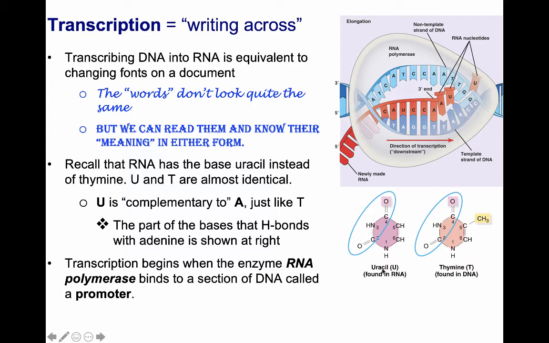And you can see that U and T in this really important part of the molecule are identical in structure. So in the same way that thymine would be complementary to and hydrogen bond to an adenine, a uracil base would do exactly the same thing if it's RNA instead of DNA.